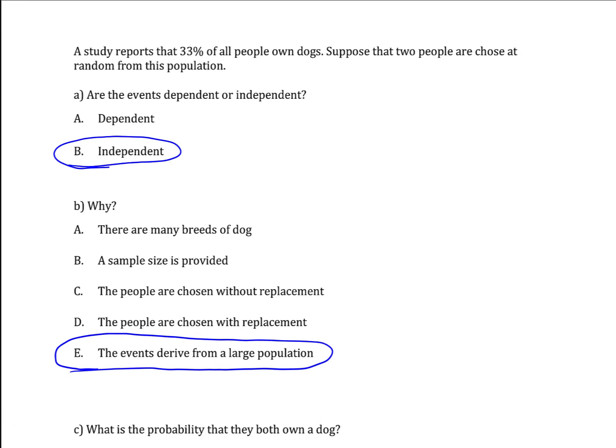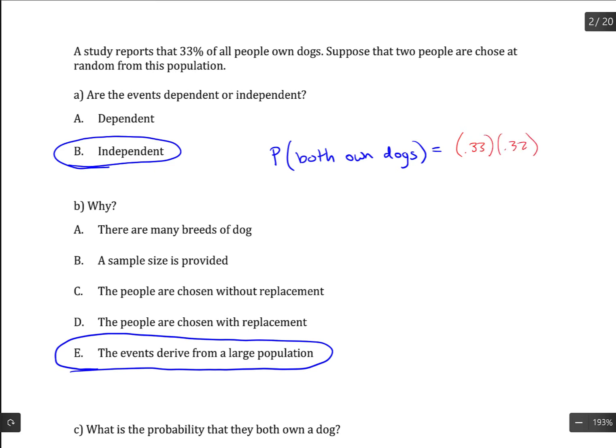And one thing that I see students trying to do in situations like this, if they want the probability that both own dogs, what I see students attempting to do incorrectly, and I'll put this in red because it's wrong, is take 0.33 times 0.32 so that you're reducing the second probability.